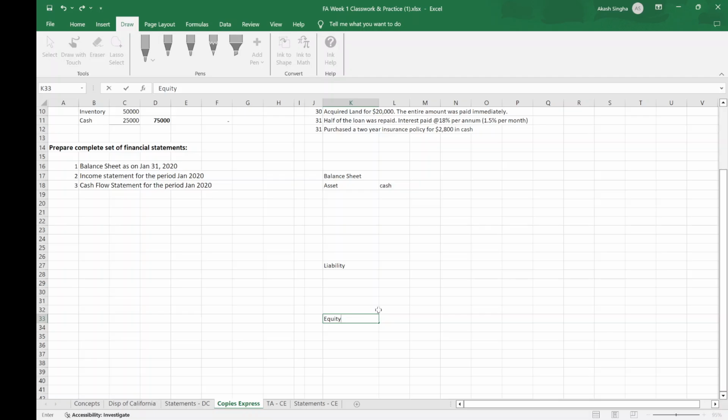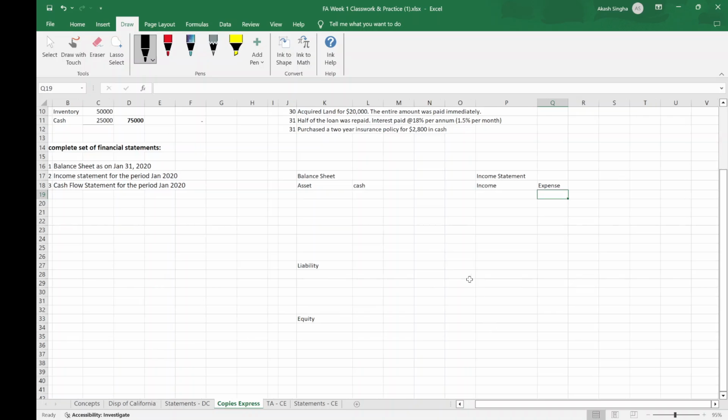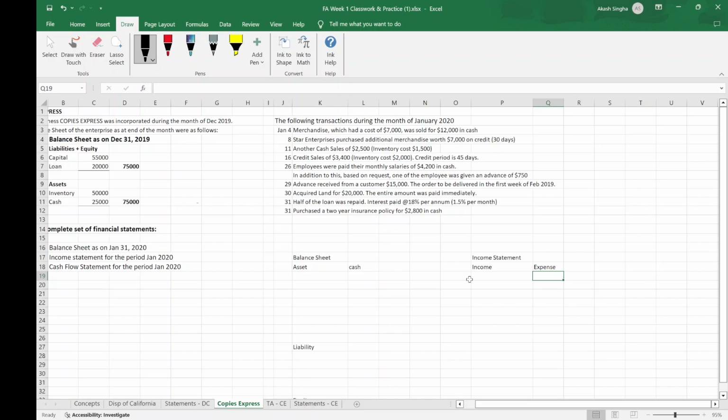Okay. And I write the income statement here, income and expense. And that's it. From that, I'll create the cash flow later.